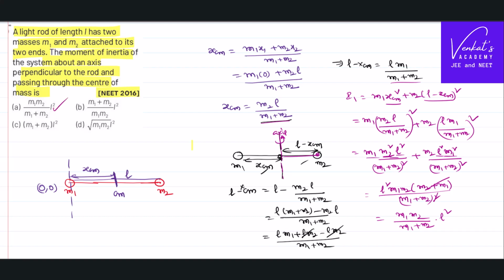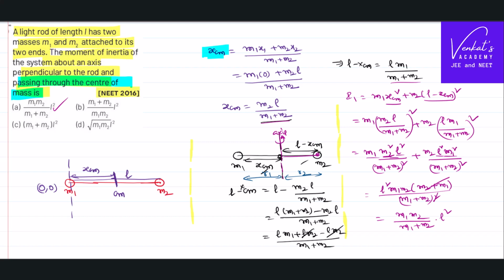So this problem involves two concepts. He wants the moment of inertia about an axis passing through the center of mass. So my first aim is to calculate the center of mass. Then I shall be able to calculate the location of the first particle from the center of mass, r1, giving m1 r1 square, and the location of the second particle, m2 r2 square.